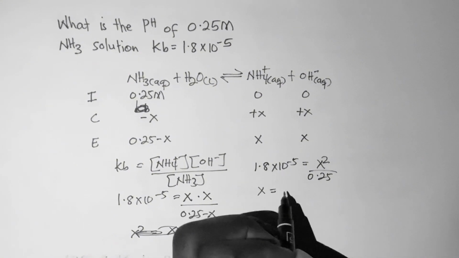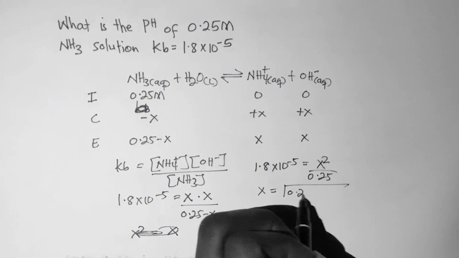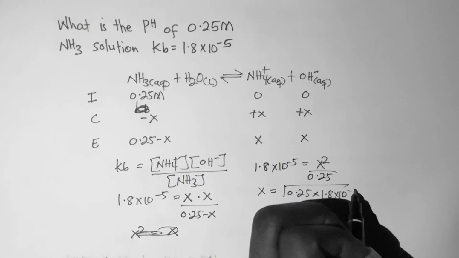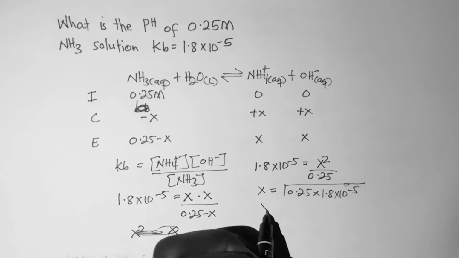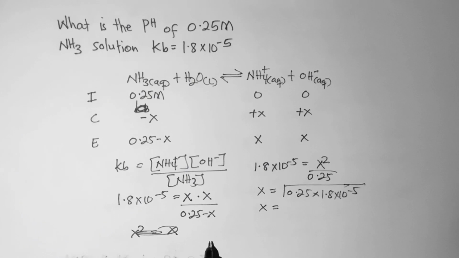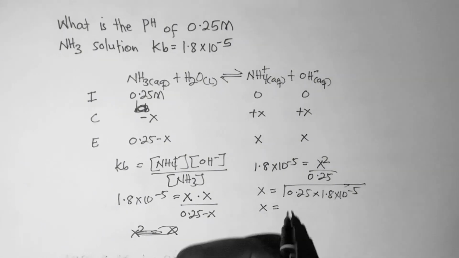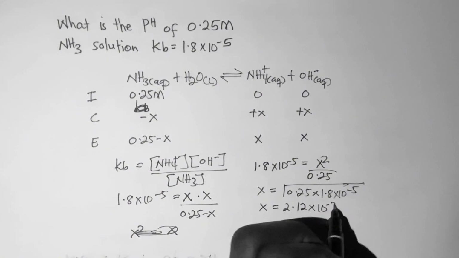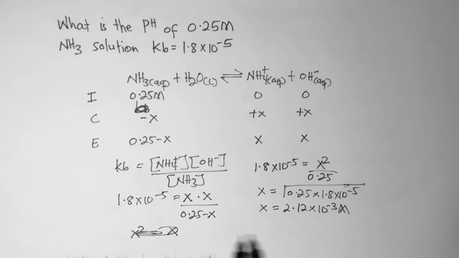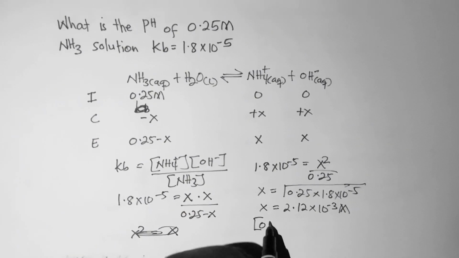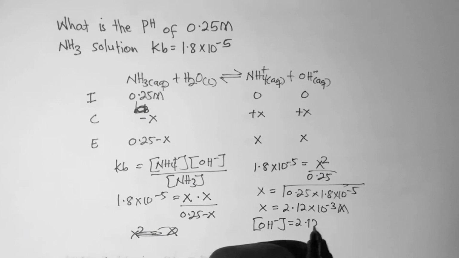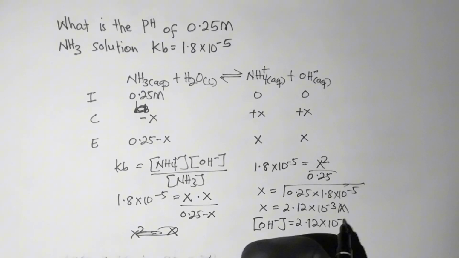So X is equal to square root of 0.25 times 1.8 times 10 exponent minus 5. If you compute this on the calculator, you are going to get 2.12 times 10 exponent minus 3 molar. So it implies that the concentration of the hydroxide anions is equal to 2.12 times 10 exponent minus 3 molar.